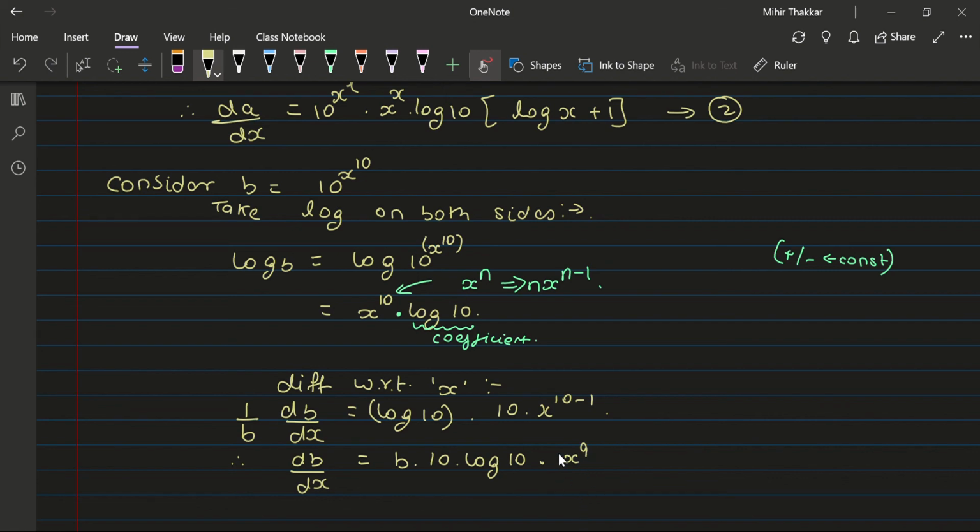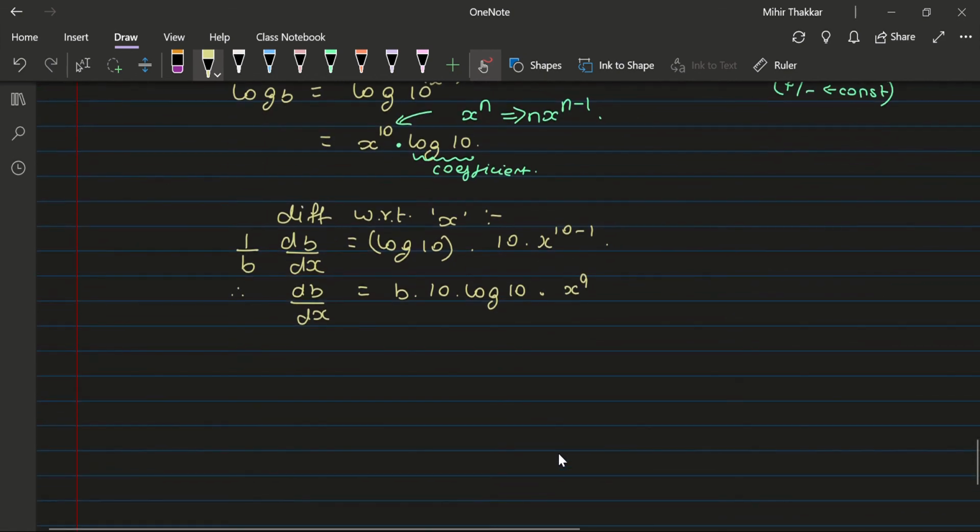Substitute the value of b, which is 10 raised to x raised to 10. So you get 10 raised to x raised to 10 multiplied by 10 multiplied by log 10 and multiplied by x raised to 9.